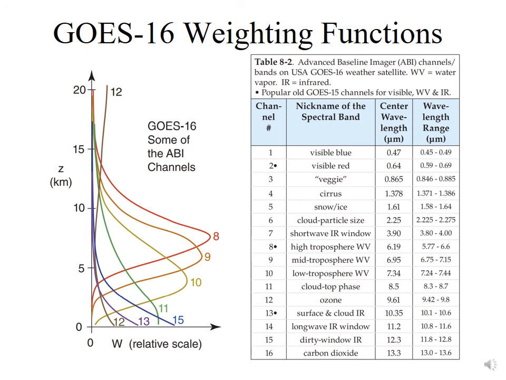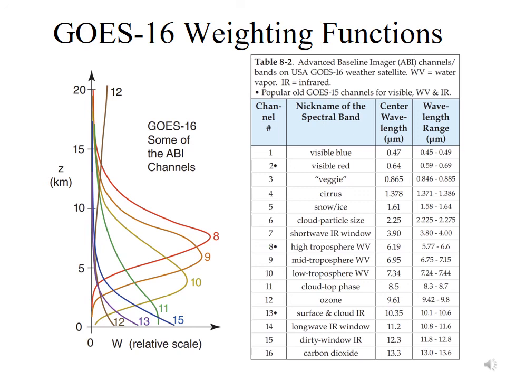And then channel 13 is looking at surface and cloud infrared in the middle of the atmospheric window, and it's going to be most sensitive to the emissions from the surface and from warmer clouds at the lower part of the atmosphere, because the atmosphere is largely transparent to that.